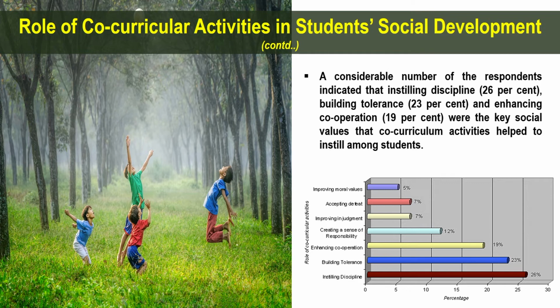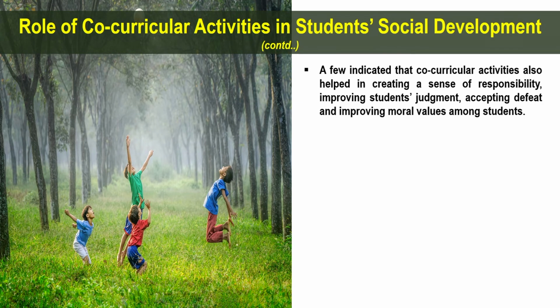This was the study that was done, and the graphical picture shows the same. And a few also indicated that the co-curricular activities also helped in creating a sense of responsibility, students' judgment and accepting defeat, and improving moral values among the students.